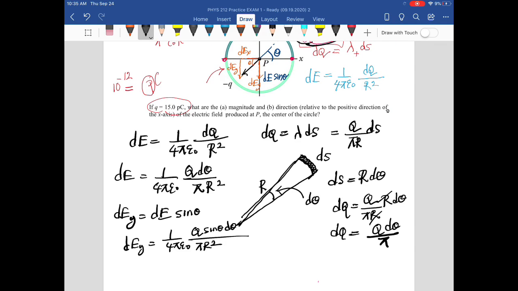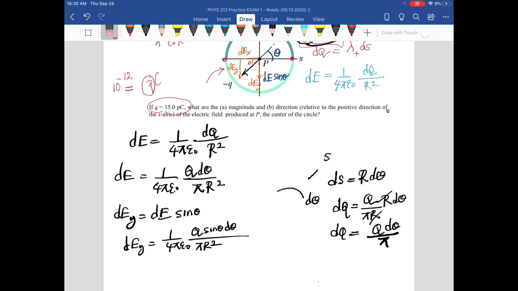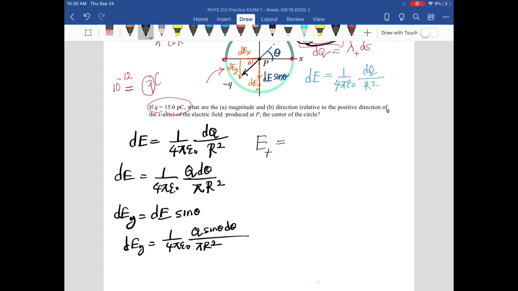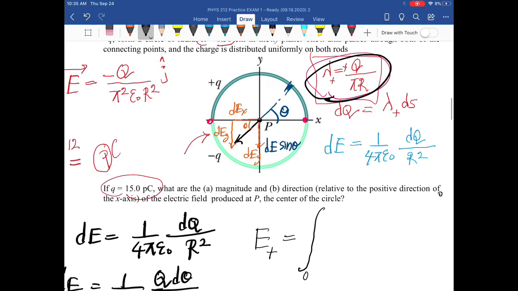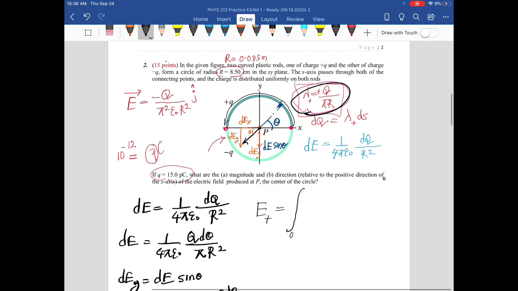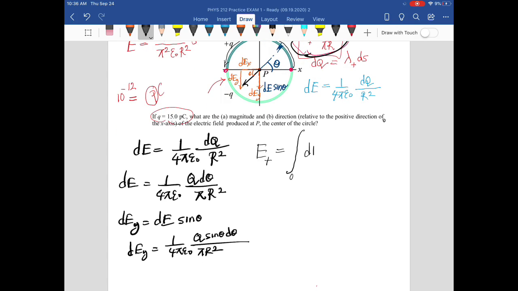Now I have this. I want to find the total electric field at point P. So if you consider the upper rod, the positively charged rod, the net charge from the positive rod equals this. So if I consider all the segments starting from this point up to this point, all the way around like this, what I have to do is integrate this dEy starting from 0. The angle is changing from 0 to 180.